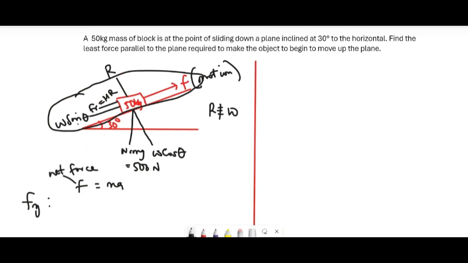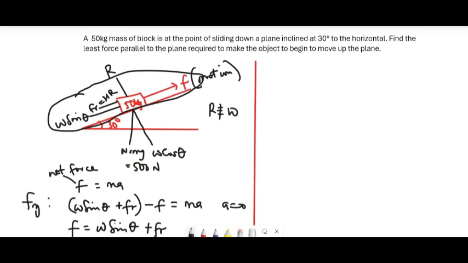You take in the forces on that axis. So you have W sine theta plus FR minus F equals to ma. We're not told that the body is accelerating, hence acceleration is equals to 0, right? In that case, you have F to be equals to W sine theta plus FR.